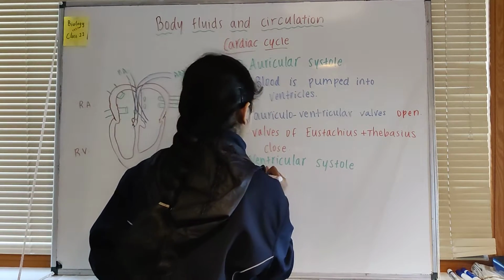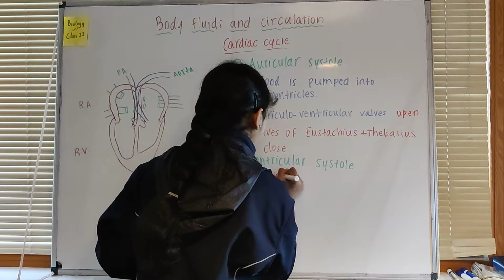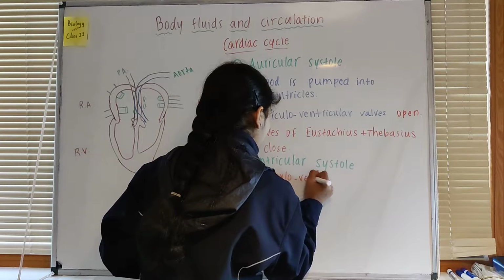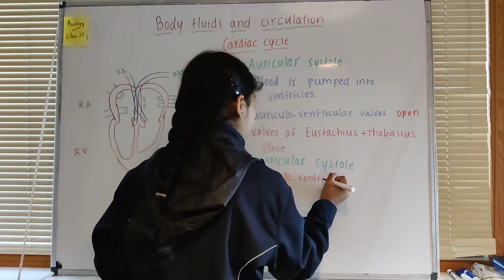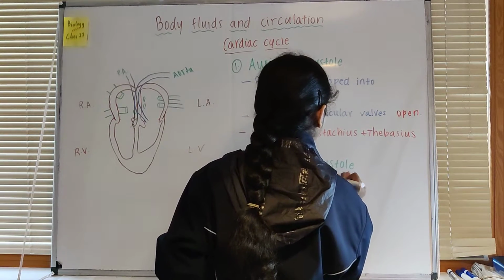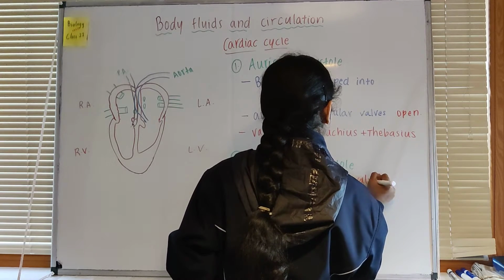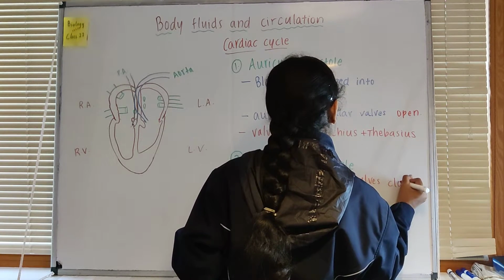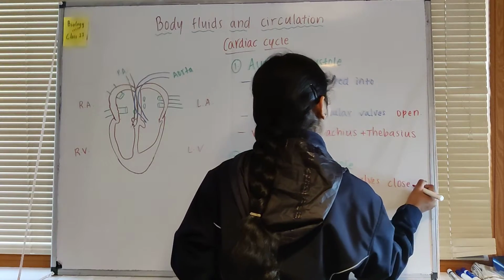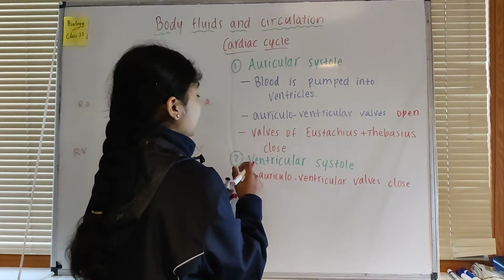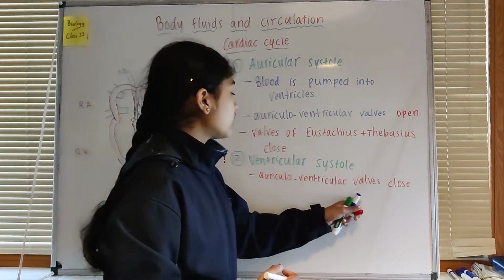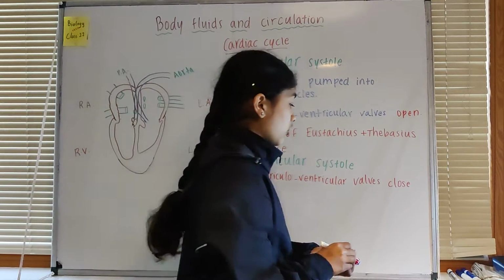In ventricular systole, these auricular ventricular valves close. Here they are open, and in the next step these auriculoventricular valves get closed.